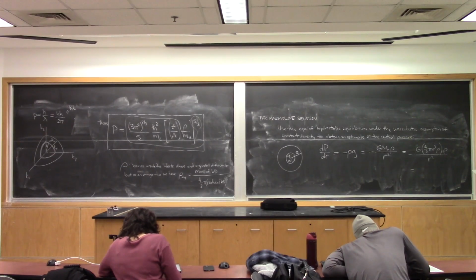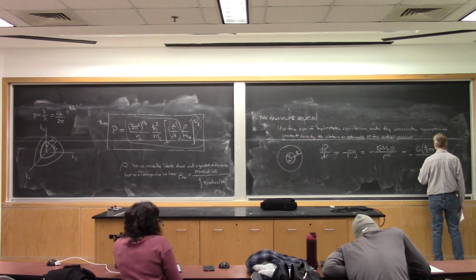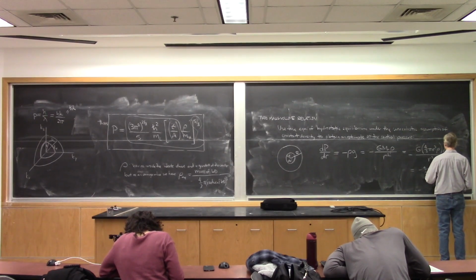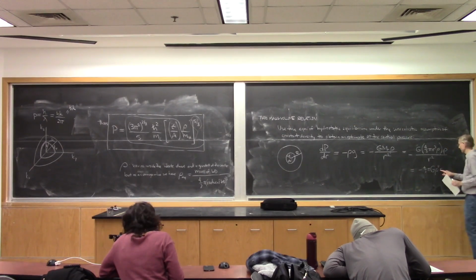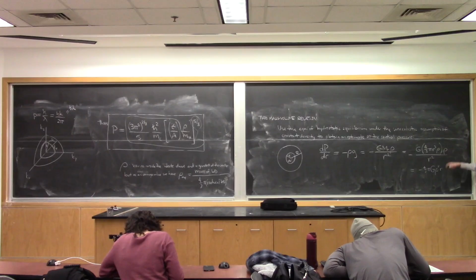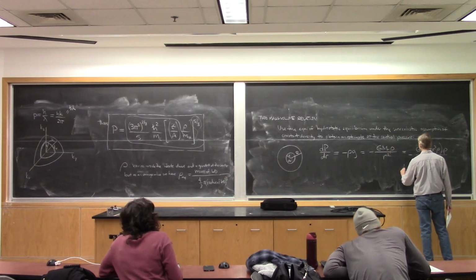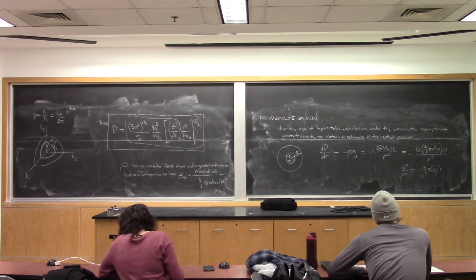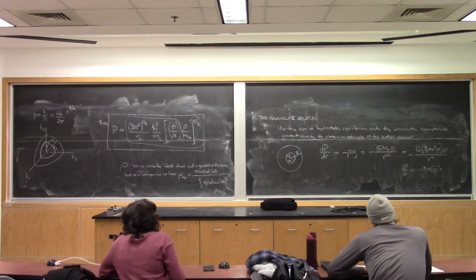So this turns into minus 4/3 pi g rho squared r, because r cubed over r squared leaves an r, and there's a rho squared there. So if the density were constant, then dp dr would be minus 4/3 pi g rho squared r.